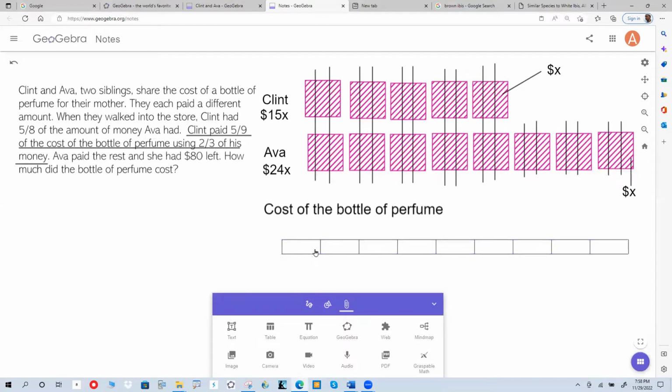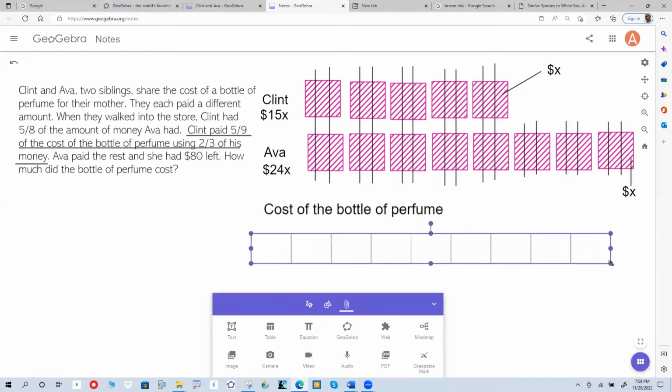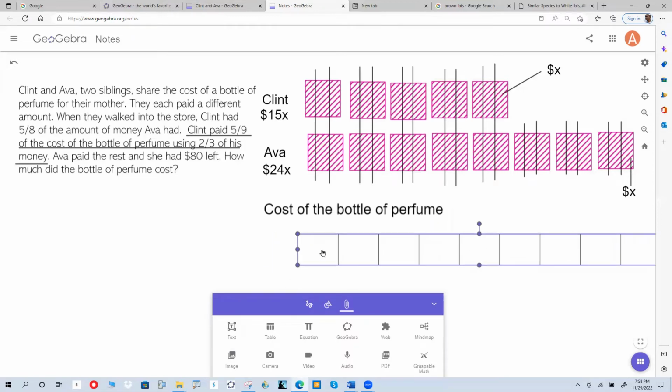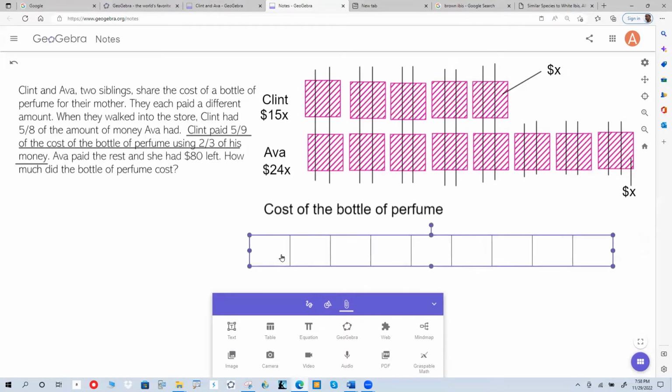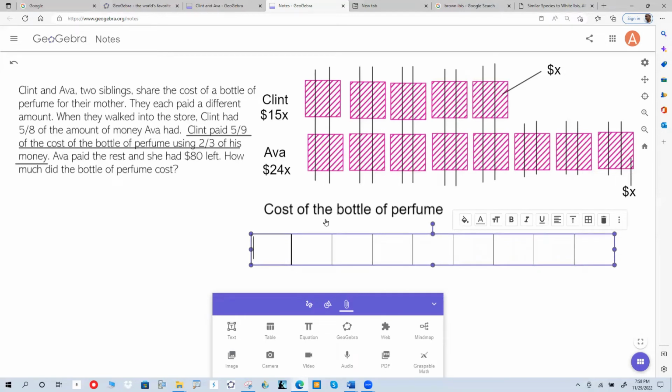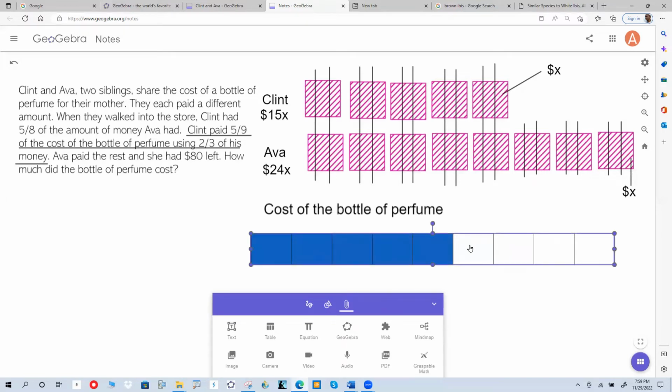And on top of that, if Clint paid 5 equal parts, Ava paid the rest.